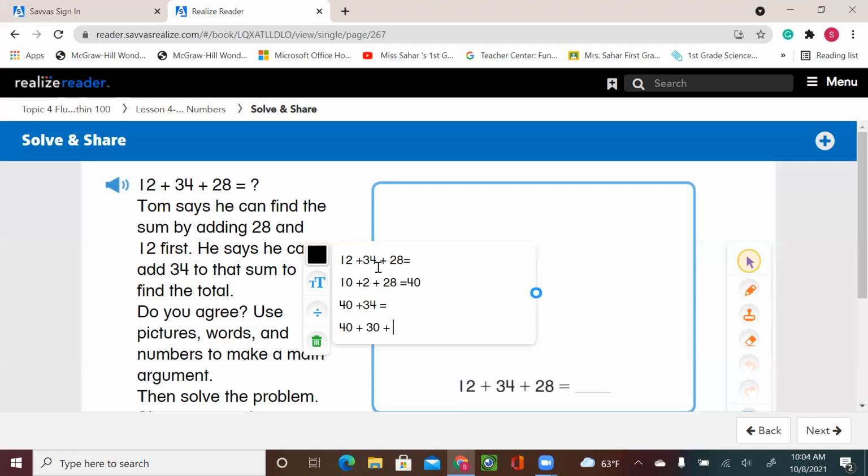So breaking that 34 into tens and ones. Now we know that we have 4 tens and 3 tens, which is 40 and 30. So 40 and 30 equals 70, plus 4. Now it's easy, 74.